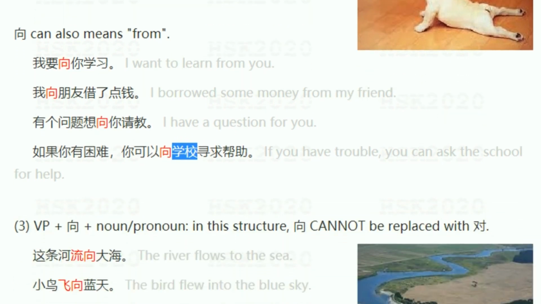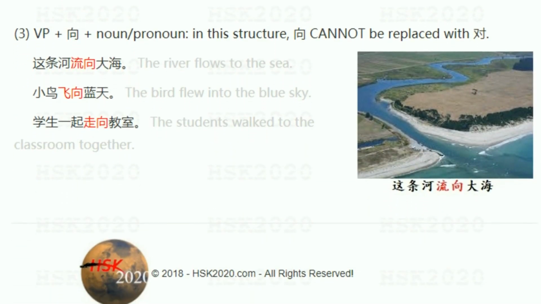And the last point is, if we have a structure like verb phrase plus 向, then plus a noun or pronoun, this structure is never used with 对. So you cannot use 对 here. For example, 这条河流向大海. The river flows to the sea. 流向, 流 is a verb.